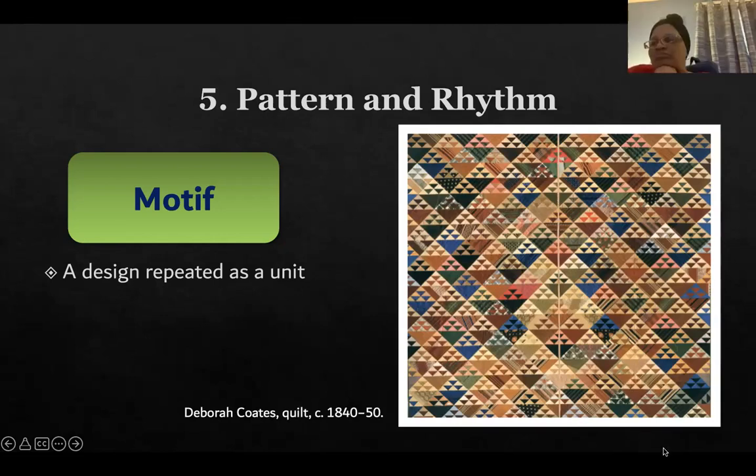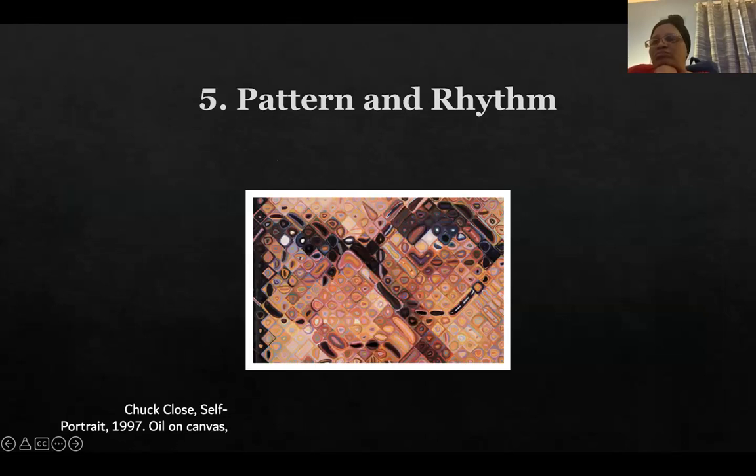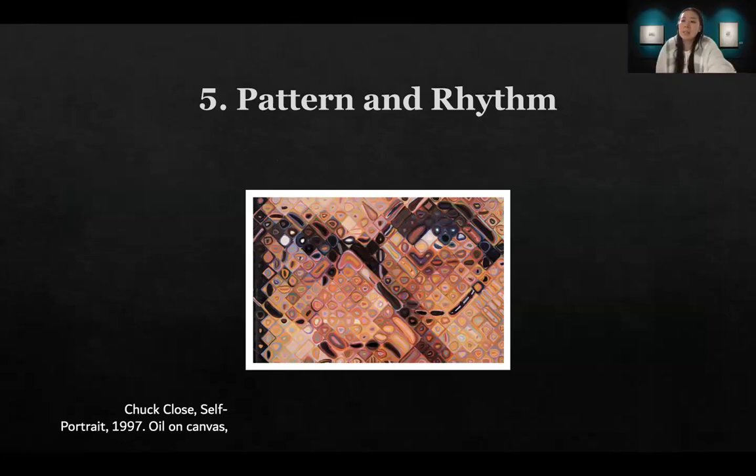So this is a Chuck Close painting part. Chuck Close uses motif to unify his painting, and Close uses a repeated pattern of organic concentric rings set into a diamond shape as the basic building blocks for his large compositions.